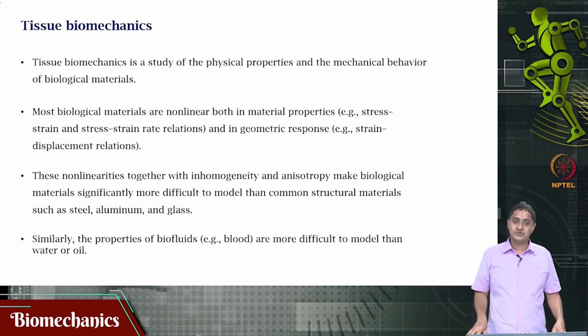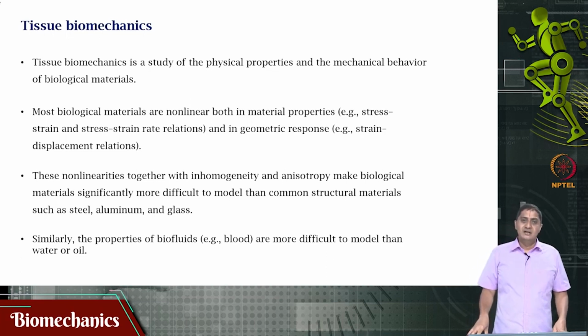Whereas in engineering materials, this is almost never the case. In engineering materials, you have isotropy. So, it is enough if you study in one direction, then you can generalize the properties to other directions. That is, you can assume isotropy in many engineering materials.